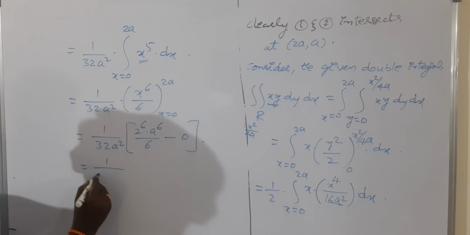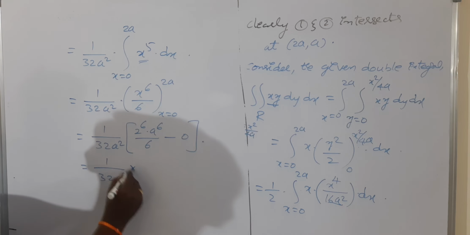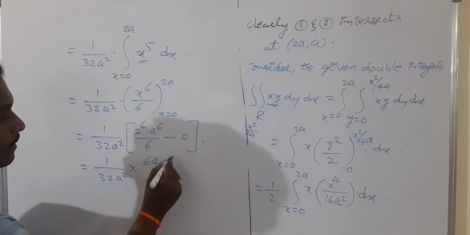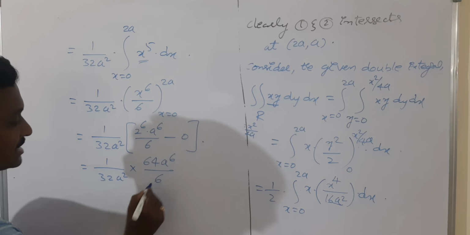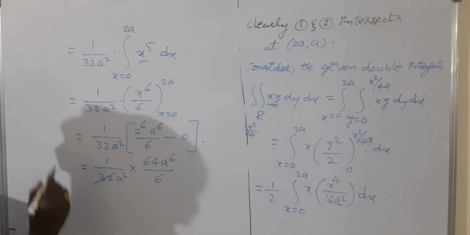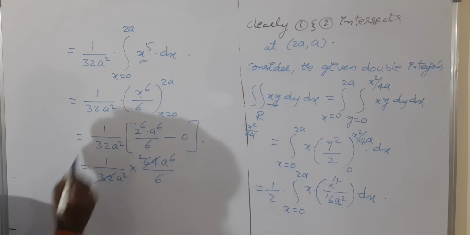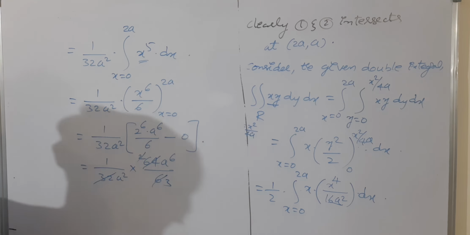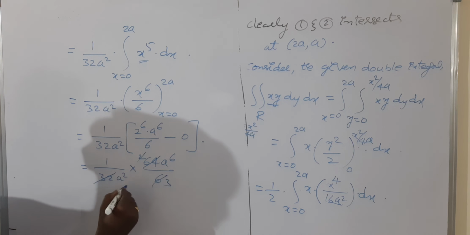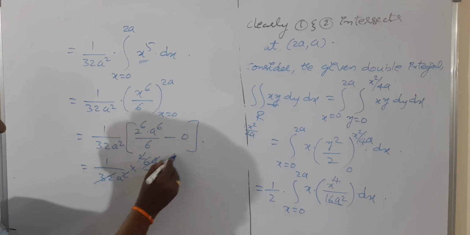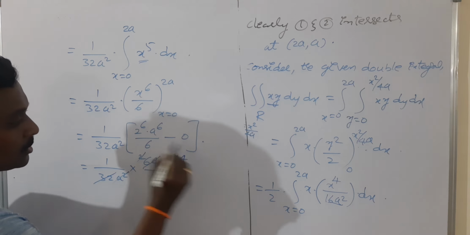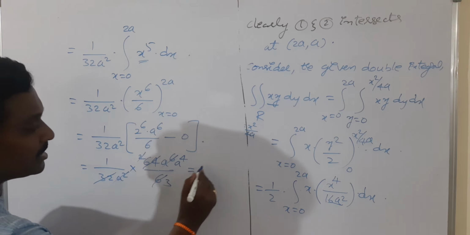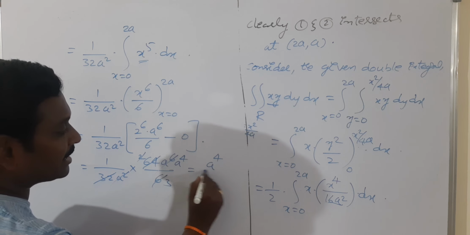So 1 by 32a square into 2 power 6 is nothing but 64a power 6 by 6. So 32, 2 times getting cancelled and 2 gets 3 times. So here we have a square and here we have a power 6, so a power 4 getting cancelled in the numerator. So the remaining part is a power 4 by 3.